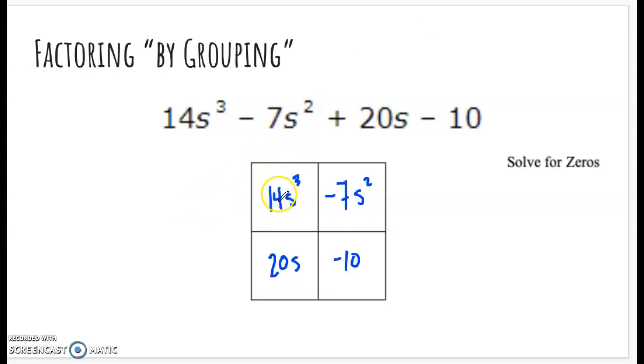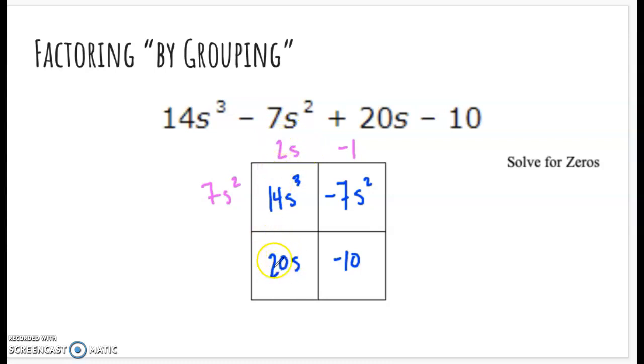All right, let's see here. Again, 14 and 7 both have a common factor of 7s squared. And then up here would be my 2s. And then same thing, I've got 7s squared times a negative 1 to give me that negative 7s squared. And then now, since I've got part of my little Sudoku, I've got 2s.